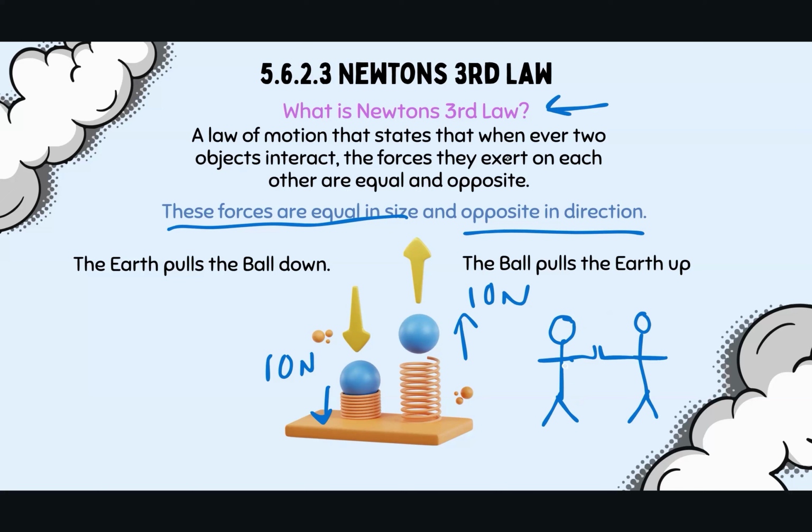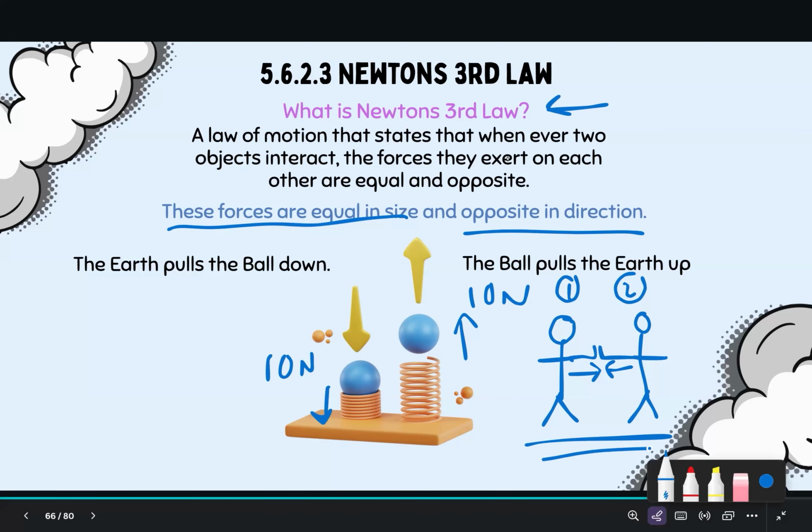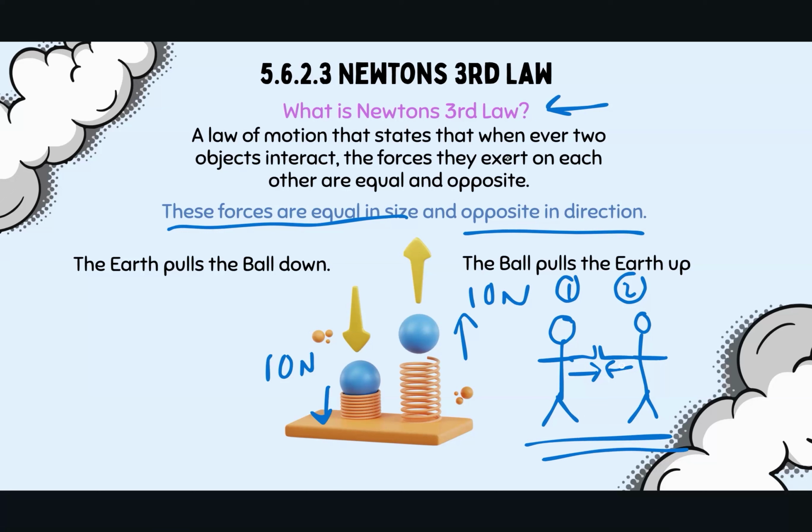What that means is person one's hand exerts a force in this direction, and person two exerts a force in the opposite direction. They're equal in size because they're not moving. They're in one place, but they're opposite in direction. So every time you exert a force on something, that object exerts a force back, equal in size, opposite in direction.